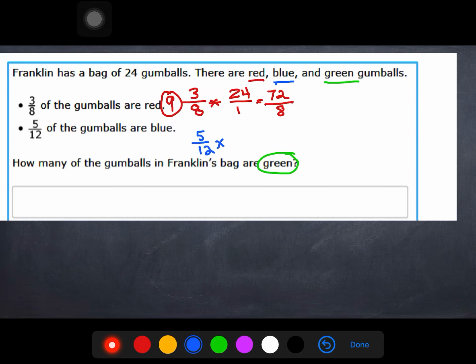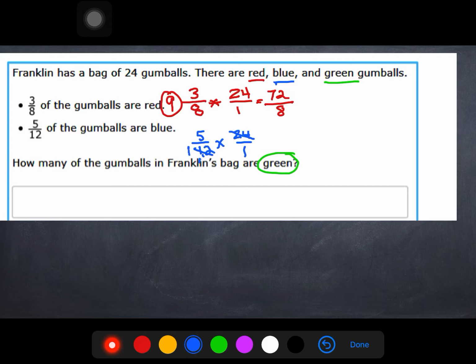If 5/12 of the gumballs are blue, 5/12 multiplying 24. Do you remember we were starting to do some simplifying first before we actually multiplied? Both of these fractions are in simplest form. However, I could reduce because 12, this denominator, has a common factor with the opposite numerator.